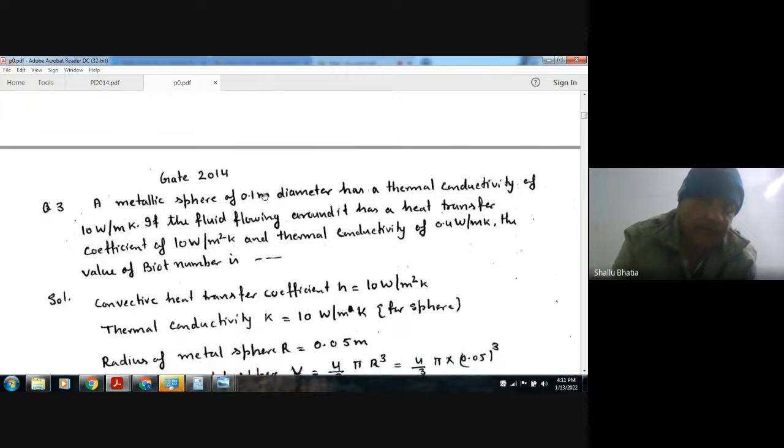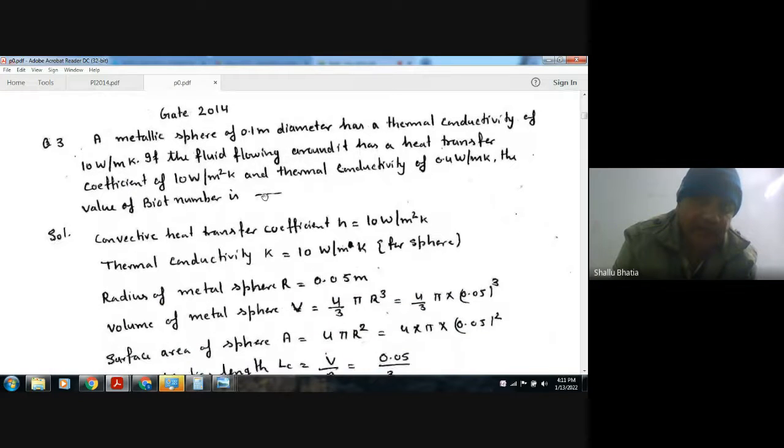Next, a metallic sphere of 0.1 meter diameter has a thermal conductivity of 10 watt per meter per degree Kelvin. If the fluid flowing around it has a heat transfer coefficient of 10 watt per meter square Kelvin and a thermal conductivity of 0.4 watt per meter per Kelvin, the Biot number is?